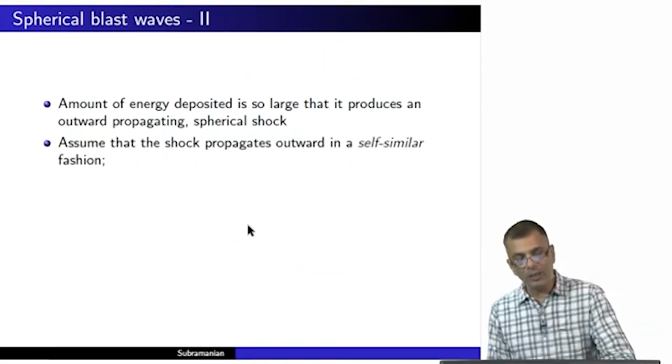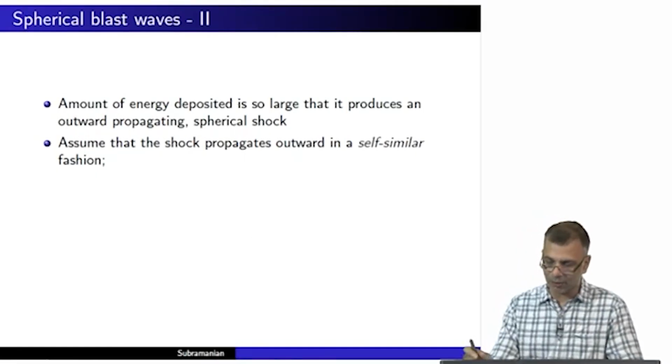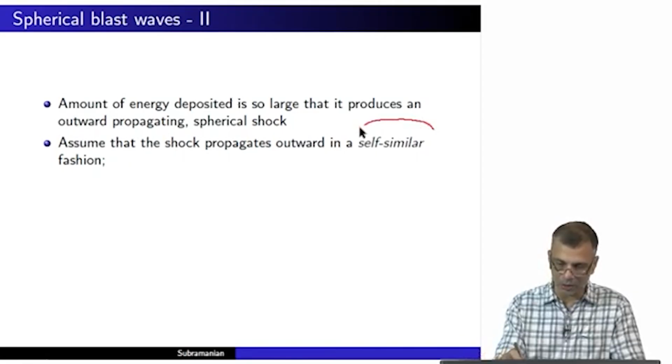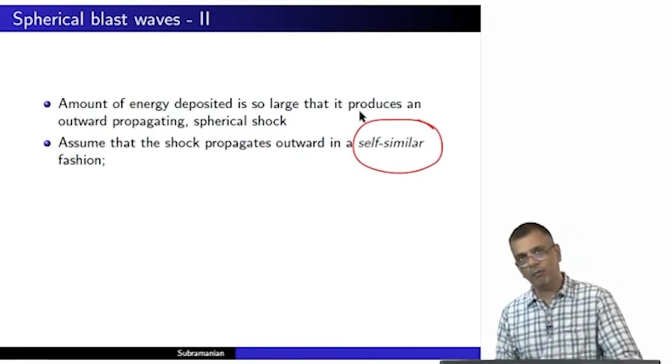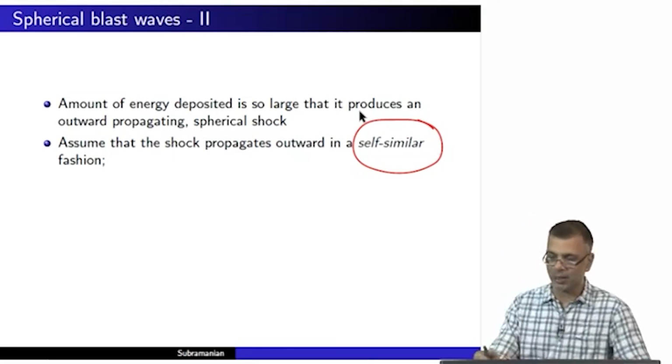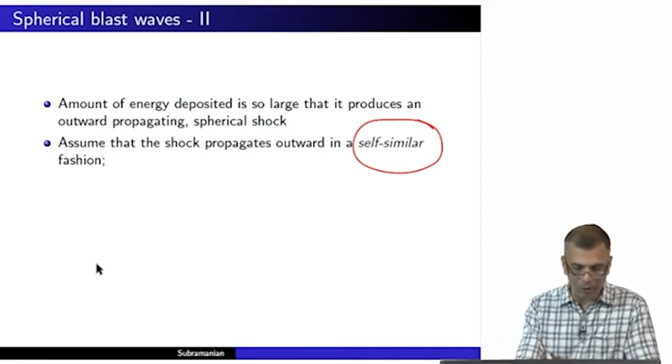Okay, the other principal assumption is that the shock propagates outwards in a self-similar fashion, and this is a very important word. It's important to understand what self-similarity means. You're already familiar with the concept of self-similarity. In fact, consider two similar triangles, okay? Say two equilateral triangles.